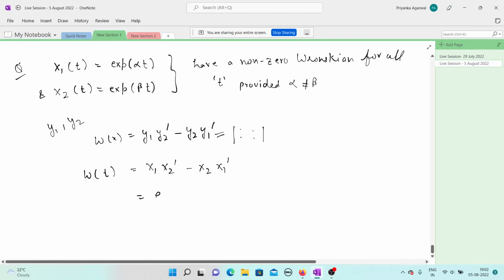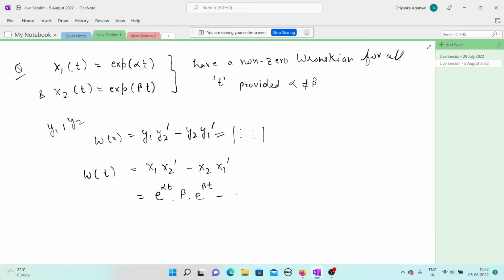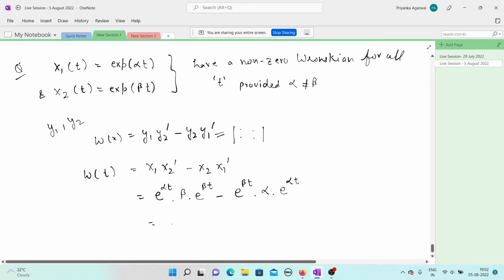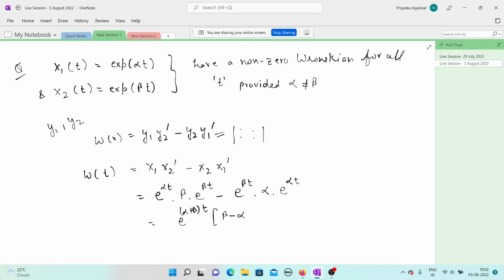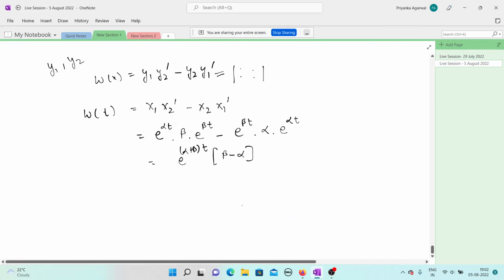So x1 is e to the power alpha t, x2' will be beta e to the power beta t, and x2 is e to the power beta t, and x1' will be alpha times e to the power alpha t. Now if you take e to the power (alpha plus beta) t as common, you will get (beta minus alpha).